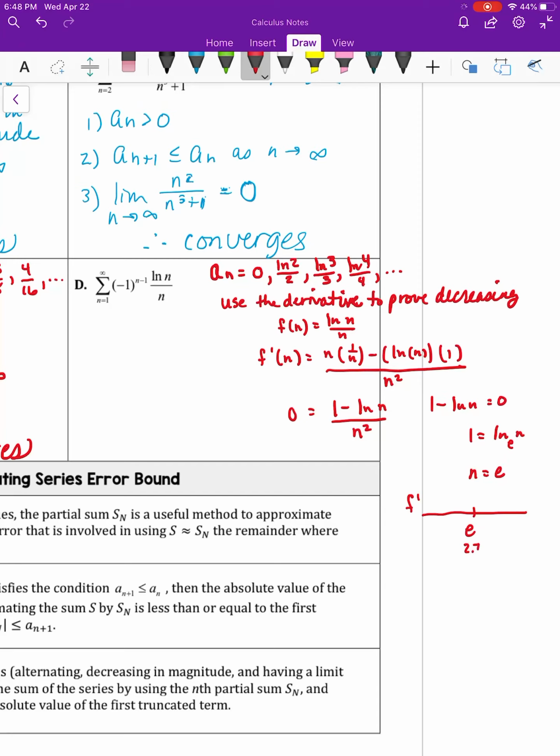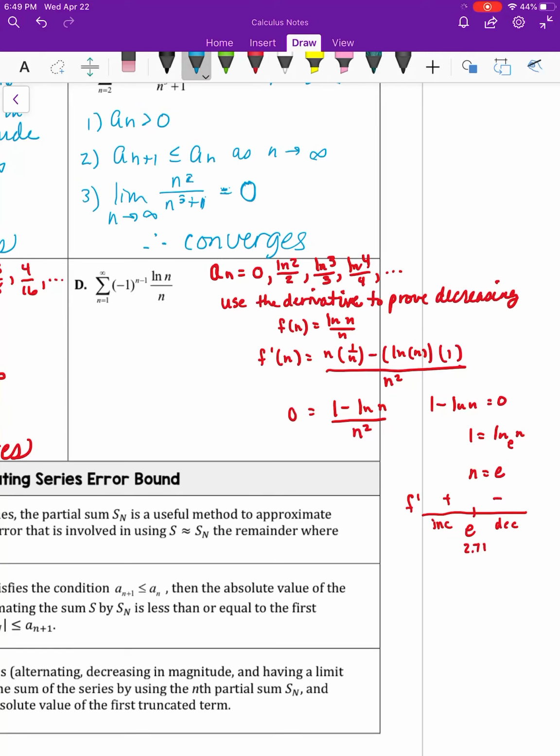And I want to set that equal to 0. So I'm looking to see where that is 0. If I move my negative over, I'm looking to see where the natural log of n is 1. Remember, this means e to the 1 is n. So n equals e here. So that is my critical point. Since e is 2.71, put a 2 in, and you can use your calculator, and you should get that this is positive.